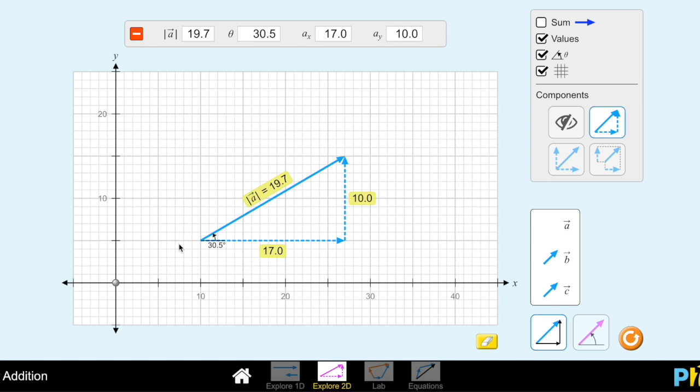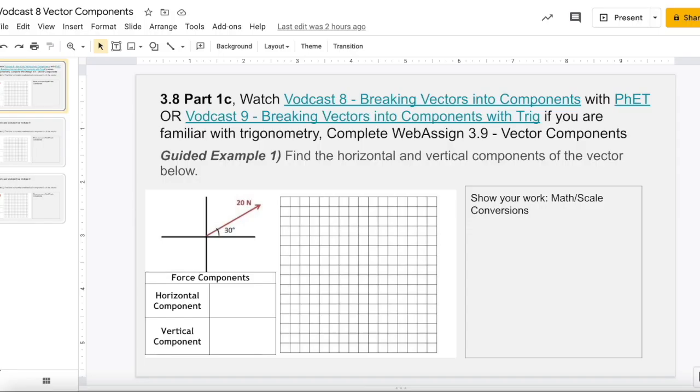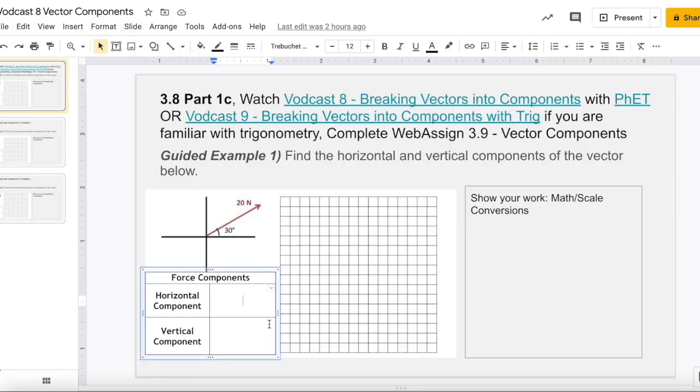So in the x direction, again, the horizontal direction, we got 17, and in the vertical direction, we got 10. So I'll go back and enter those into the box here. So the horizontal was 17 newtons, and my vertical component was 10 newtons.